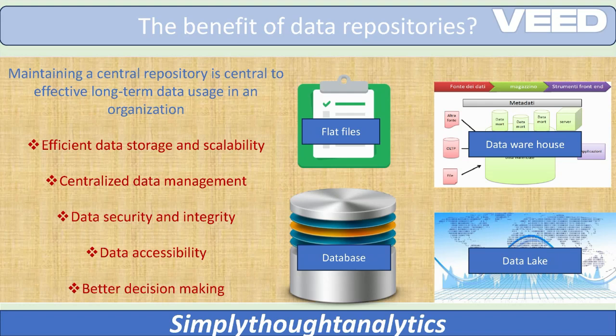I think I've explained that. Then data accessibility. I have also spoken about that because if you have data in a central location, you just go there and look at what you need and you get it out and continue your project. Unlike just moving around, you went to a particular department yesterday, you got all the data that you thought you needed, and a week after, when you are almost done with your project, somebody calls you that there was some particular data that was lying somewhere that they didn't know was there.